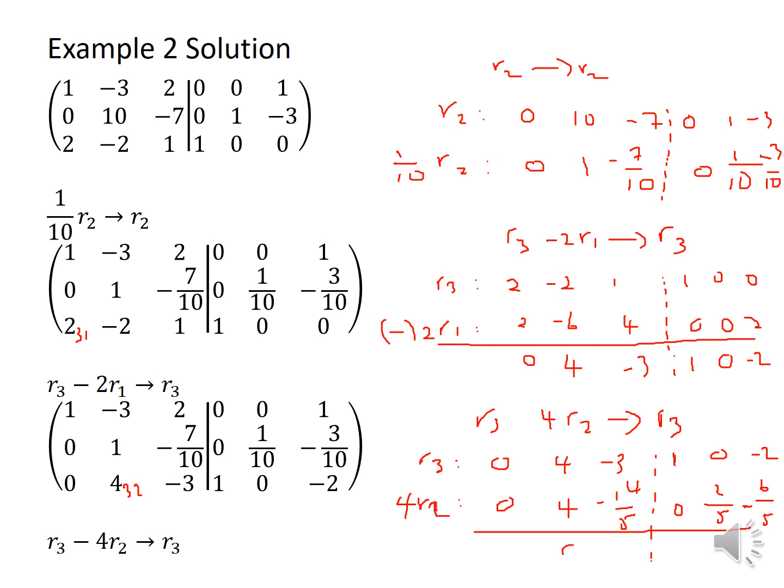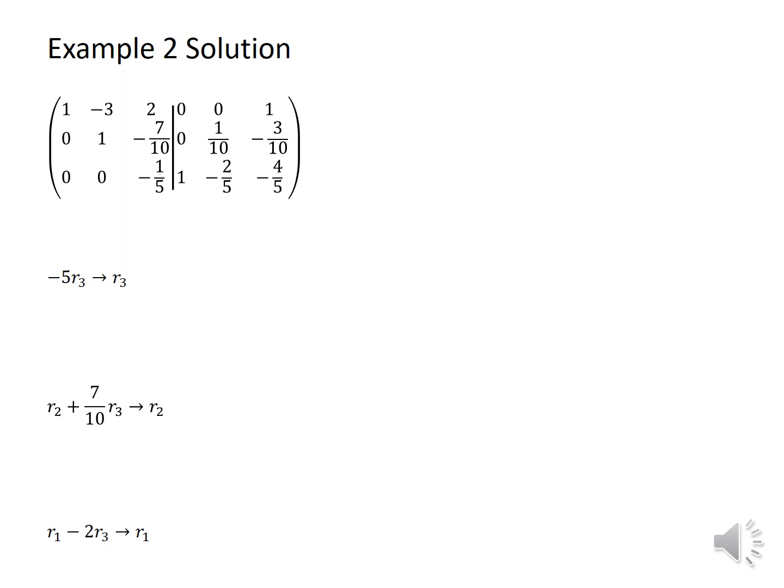In order to get a 0, so we perform minus. So this is a new R3. And we substitute into the R3. After we have calculated the new R3, so we replace the new value into the third row.